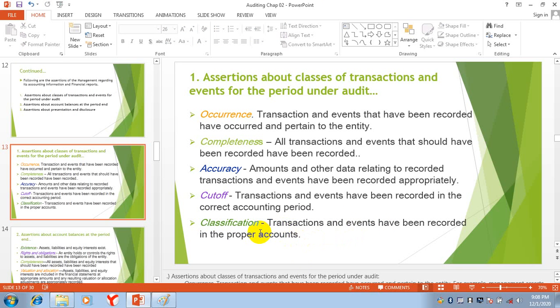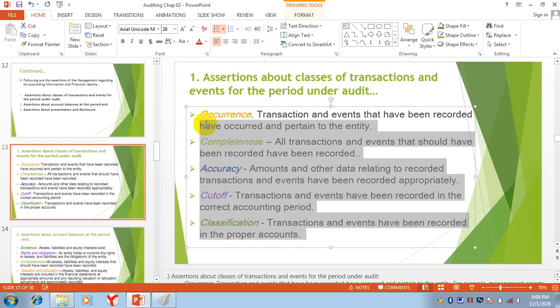Capital expenditure is recorded in the capital expenditure account, and revenue expenditure is recorded in the revenue expenditure account. This is just one example. If there is a purchase of land, we record it in land. If there is a purchase of building, we record it in building. If something else happens, we record it in proper accounts.